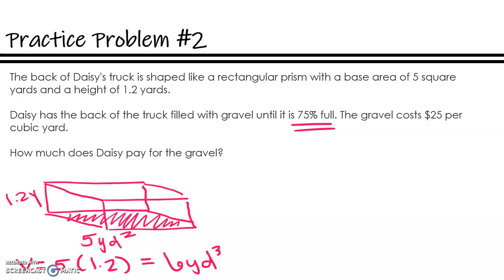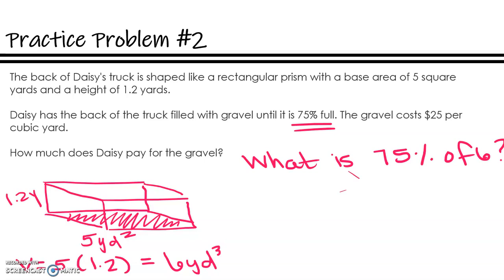So first, we need to figure out what is 75% of 6. And we learned how to do this a couple units ago. So remember, "is" means that you need an equal sign. This is what I'm looking for, so I'm going to call that X. We're going to be doing 0.75 times 6, because remember, to calculate with a percentage, we change it to a decimal.